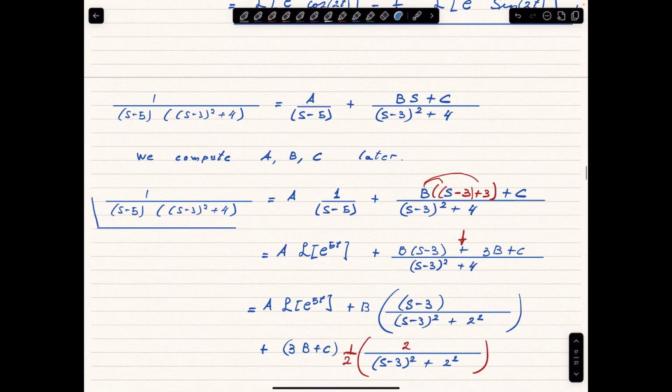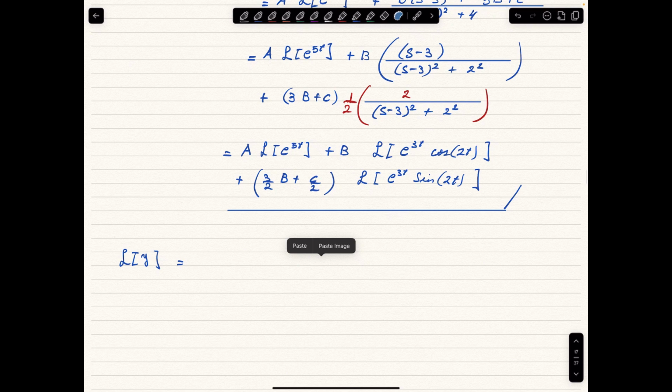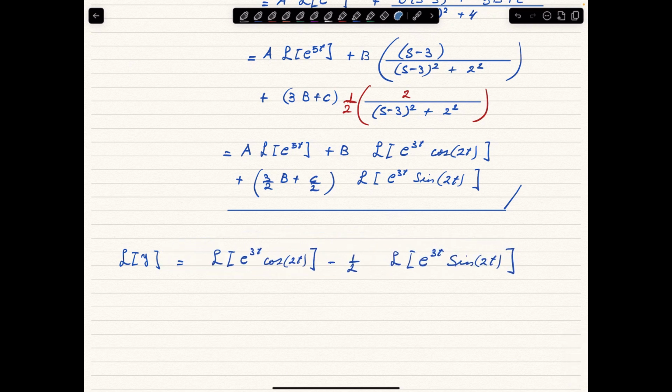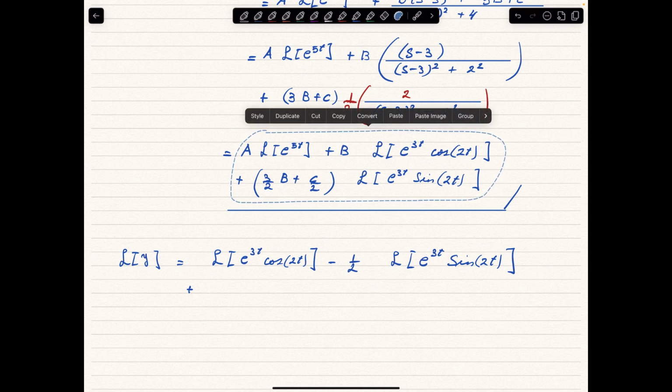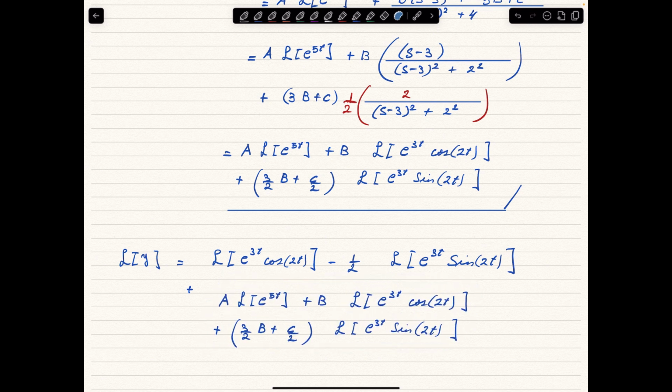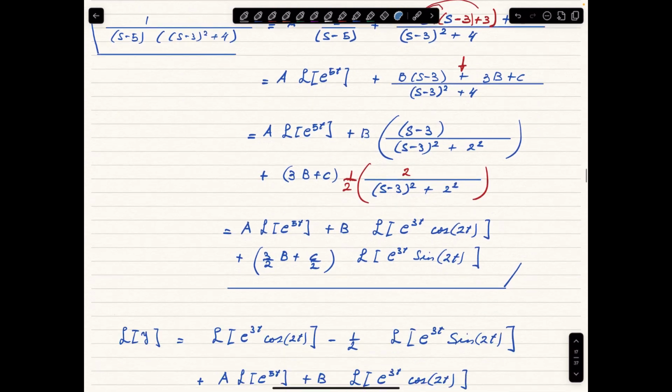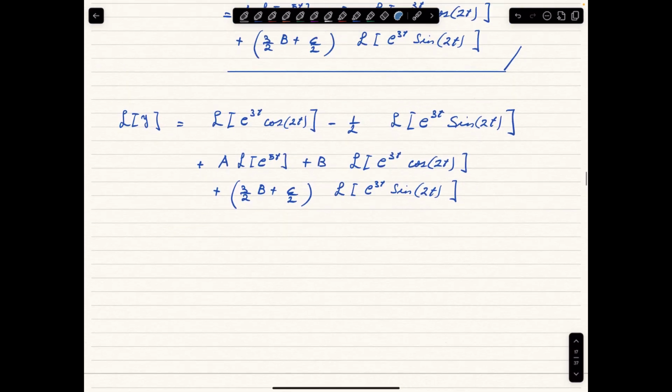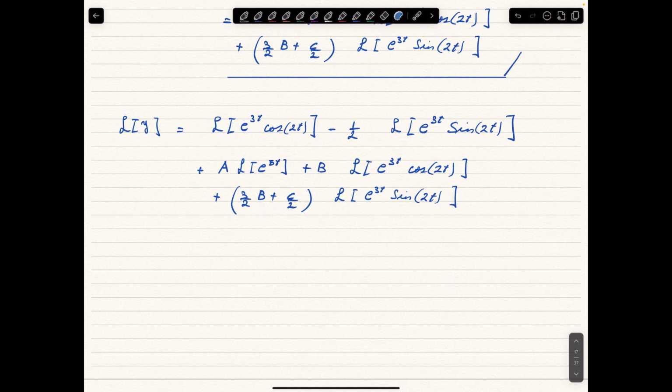The Laplace transform is this, and then plus the other term, but we just found out that the other term is this. Copy, paste. Let's put it here. So that is our solution, which looks a little bit intimidating, but it's not.